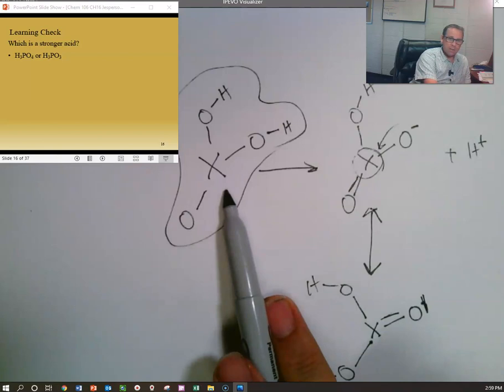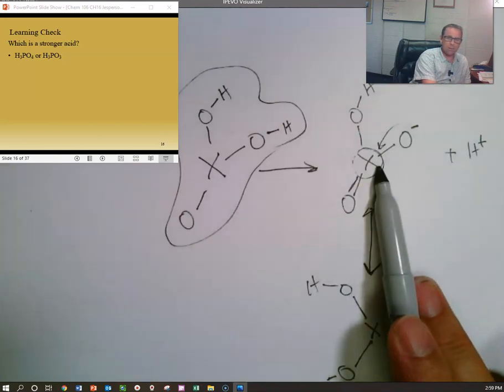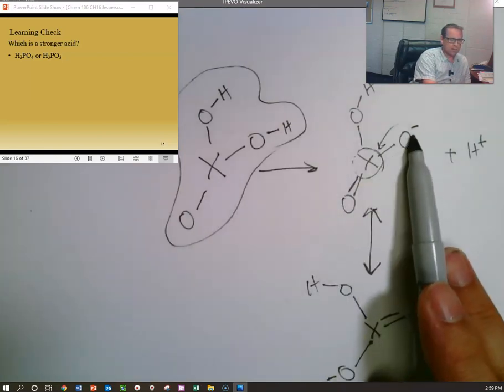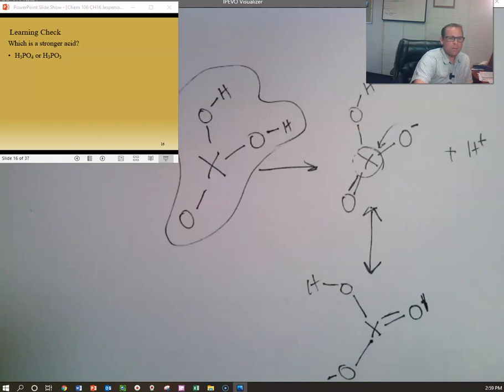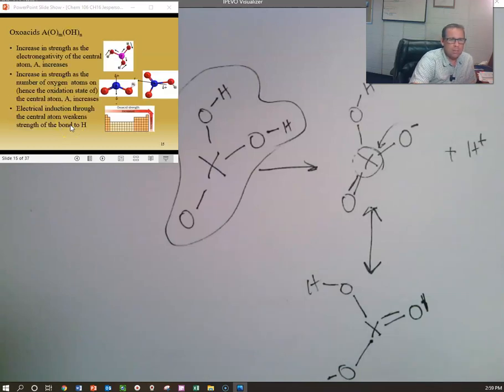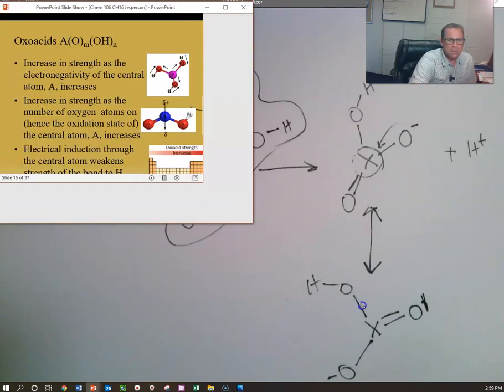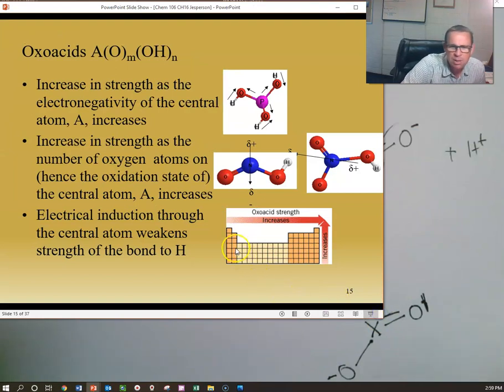Because again, the strength of the acid depends directly on the ability of the ion to be stabilized in an aqueous solution. So, we see the trend and understand it now because, A, the central atom's electronegativity will draw electron density away from wherever that negative charge is formed, and that will stabilize the ion and make the acid stronger.